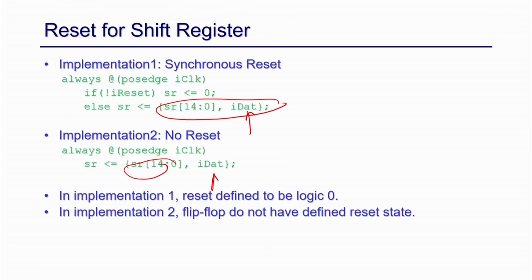But in this particular implementation 1, I have a reset. I reset the whole shift register, and there is no reset here. So, the reset is defined in this design, but in this other one I do not have any reset. So, this is a good design practice, right. We always make a reset, but it may be that in your design the initial state does not matter.